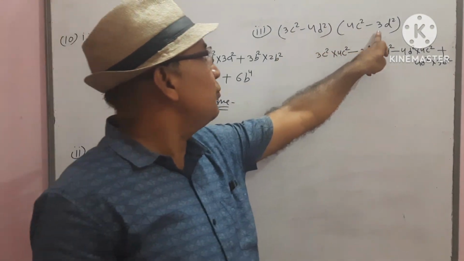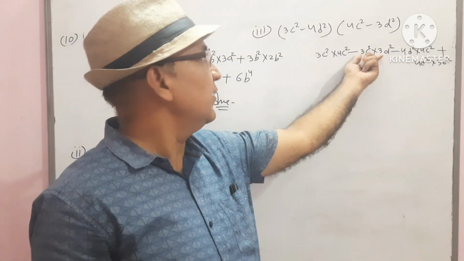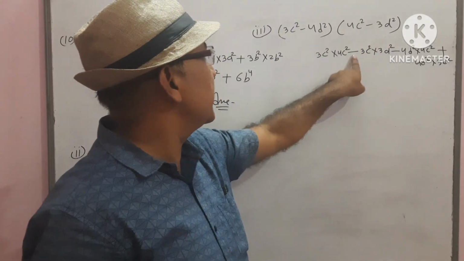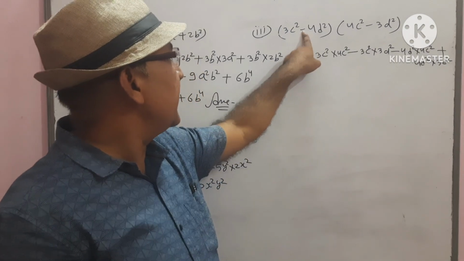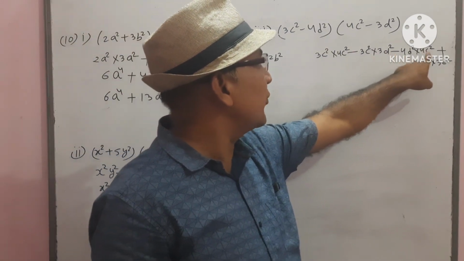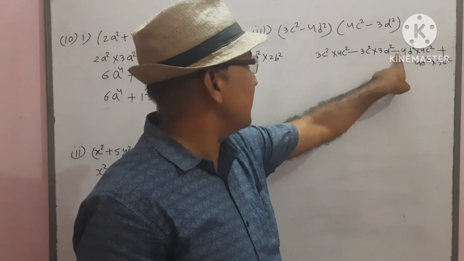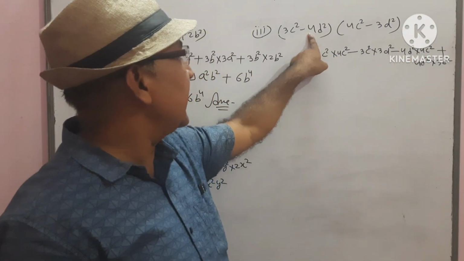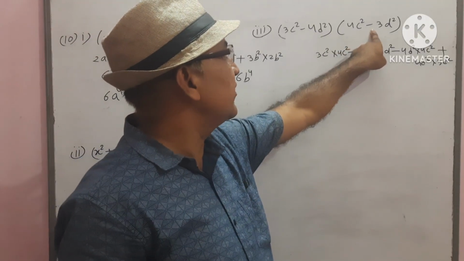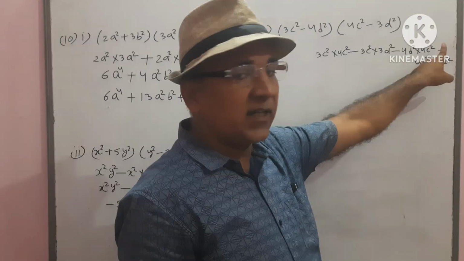3c square into minus 3d square will be minus 3c square into 3d square because plus into minus becomes minus. Minus 4d square into 4c square will become minus 4d square into 4c square because minus into plus becomes minus. Then minus 4d square into minus 3d square becomes plus because minus into minus becomes plus.